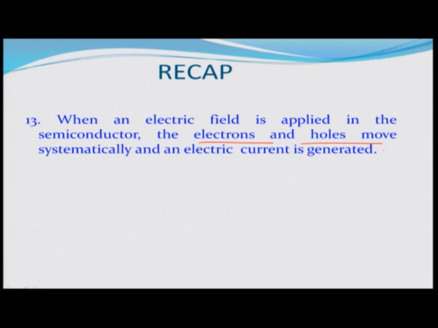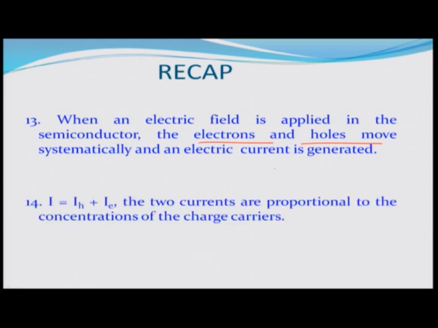They start moving systematically in influence of that electric field, and that can create current, and that current is coming from the electrons and also coming from the holes. So, we say that I is IH plus IE. The two currents are proportional to the concentration of the charge carriers, but there are other things also. I mentioned in the last lecture that there are some other things which control this current.